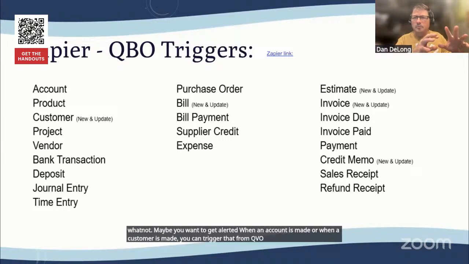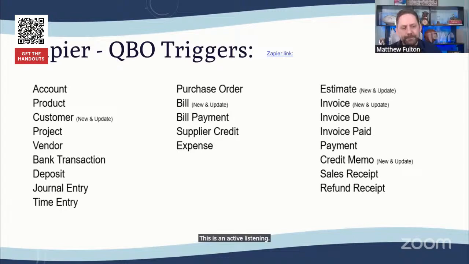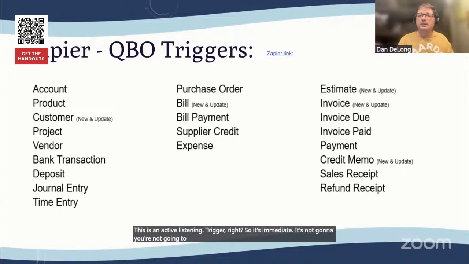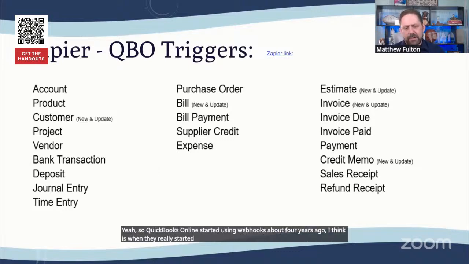Correct me if I'm wrong, this is an active listening trigger, right? It's immediate. You're not going to wait 15 minutes to be alerted, right? Yes, QuickBooks Online started using webhooks about 4 years ago, I think. So you can use the webhook version of it.